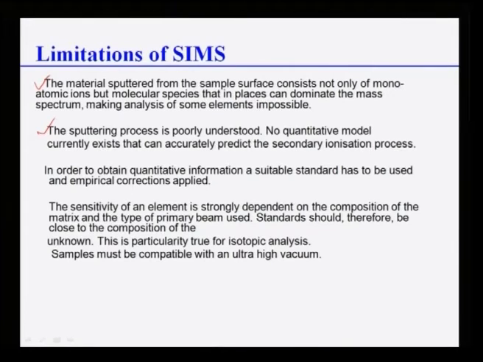So that makes us assume certain things for the secondary ion generation process, and that assumption makes the technique a little bit less attractive, in the sense that we do not really know how the secondary ions are actually created, what the processes are. So we have no idea. We can measure the yields and other things, but theoretically we cannot model it.